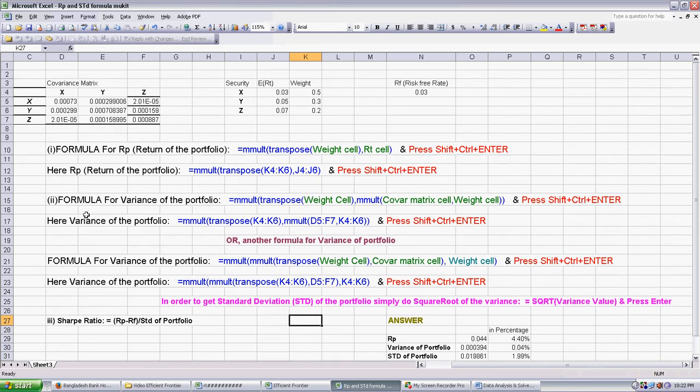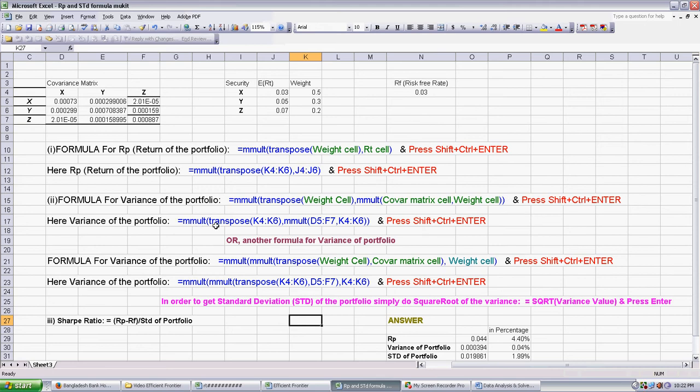And the second formula is the formula for variance of the portfolio. Here is the formula, a little bit complicated. You can see here is equal to MMULT, that is matrix multiplication, first bracket, TRANSPOSE, then first bracket, then you have to select the weight cells, then close the bracket, semicolon, MMULT, matrix multiplication, first bracket starts, then you have to select the covariance matrix, then the weight cells, and closing of two brackets, and press shift control enter.